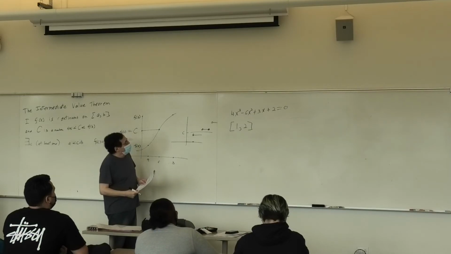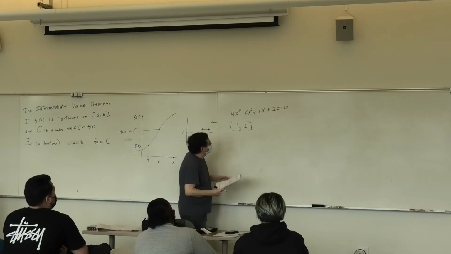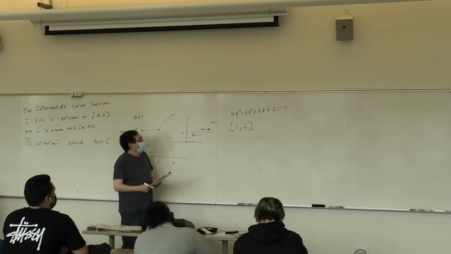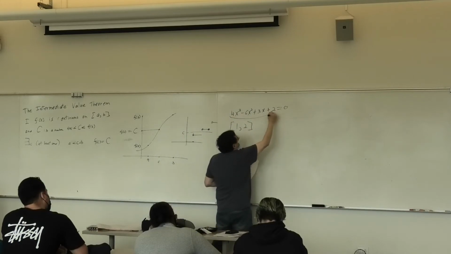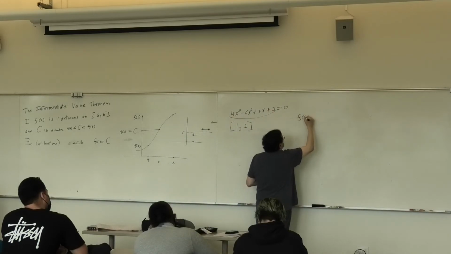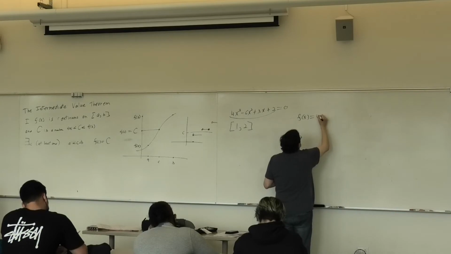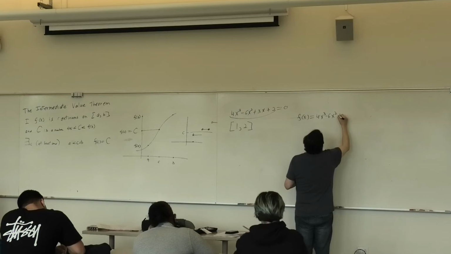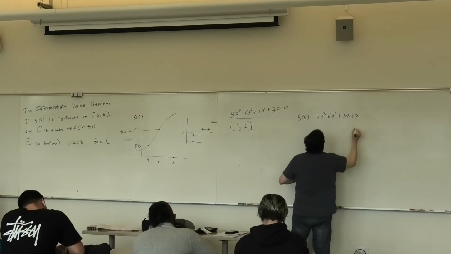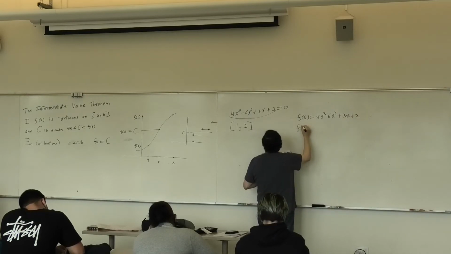How do we show that there's a solution between 1 and 2? Well, let's look at this as a function. And now let's look at f of 1.